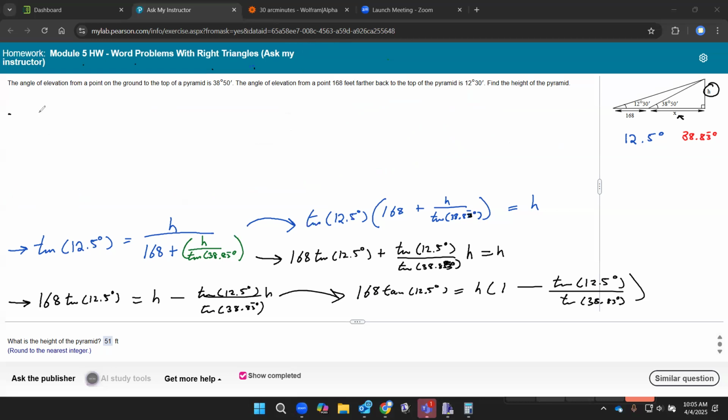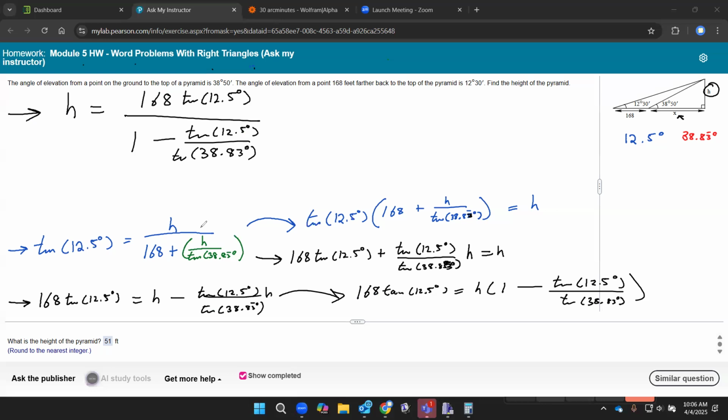Back to the pen. So now we have h equals 168 times the tangent of 12.5 degrees divided by 1 minus tangent 12.5 degrees divided by the tangent of 38.83 degrees.